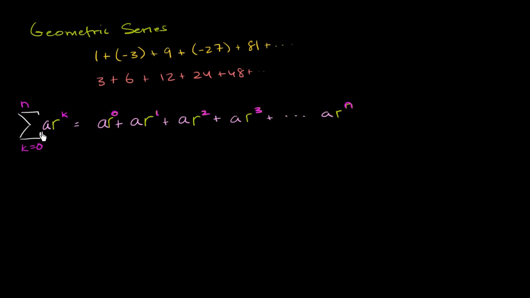And so this is, using sigma notation, a general way to represent a geometric series where R is some non-zero common ratio. It can even be a negative value.